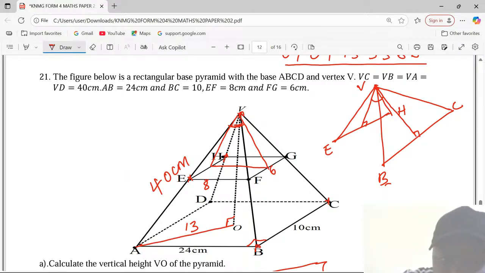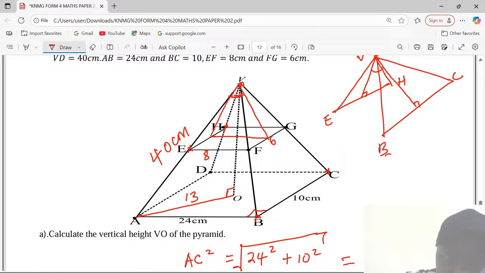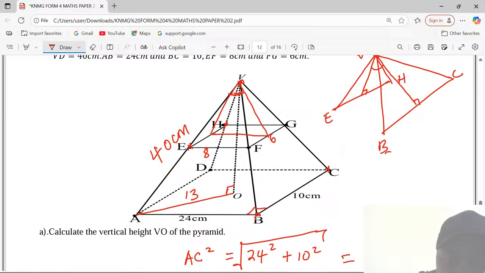We can even use the bigger base here, because the planes proceed to the base. Because this is 24, we can use 12, 12. Then the vertical height is 37.83.